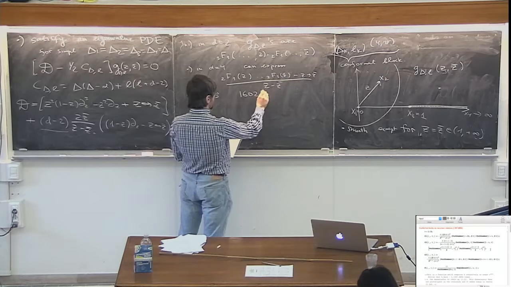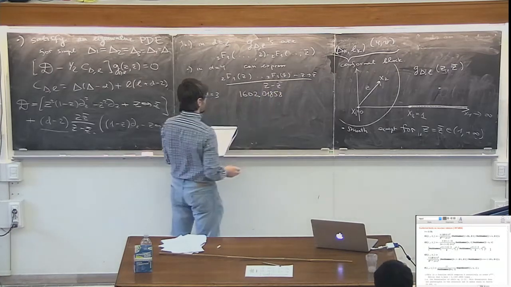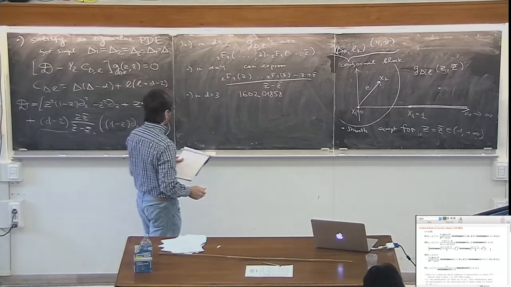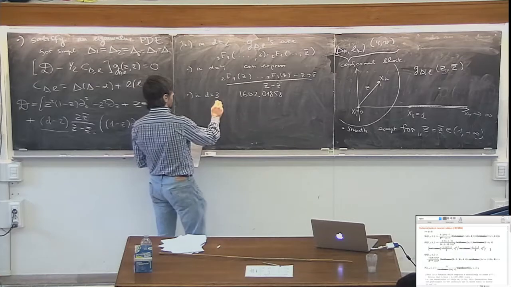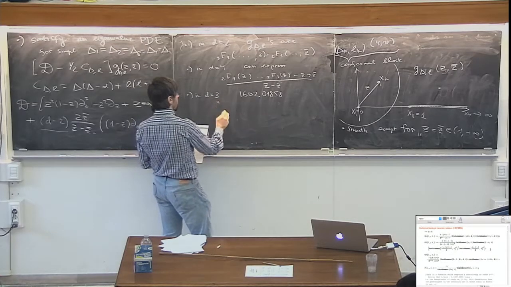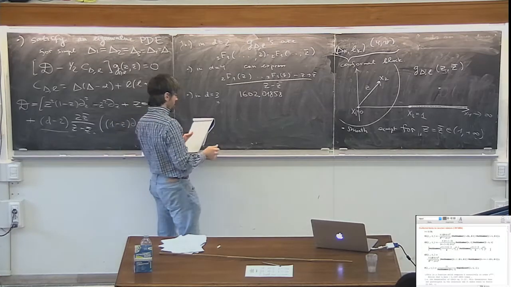I did not have a chance to study it myself yet. But what they found is that in general d, they found expressions for these conformal blocks in terms of virtual Kornwirth polynomials.